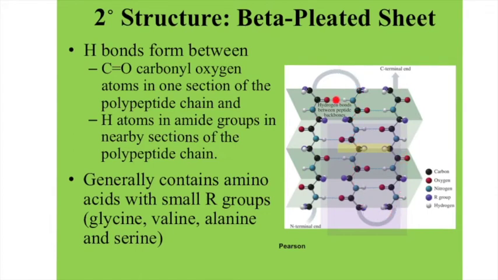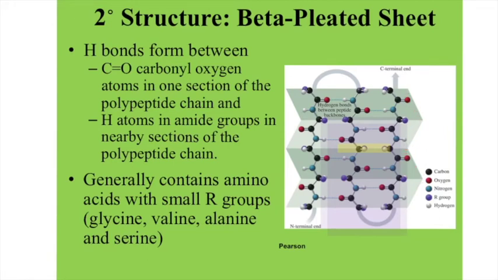And so then you'll form hydrogen bonds between the hydrogen on the amide nitrogen and the lone pair of electrons on the oxygen that's part of the carbonyl group. The beta sheet looks like a zigzag, and it's in a plane, and it kind of looks like if you had taken a piece of paper and folded it like an accordion.